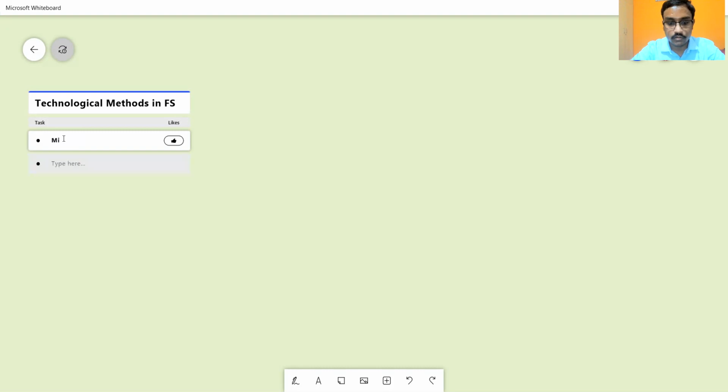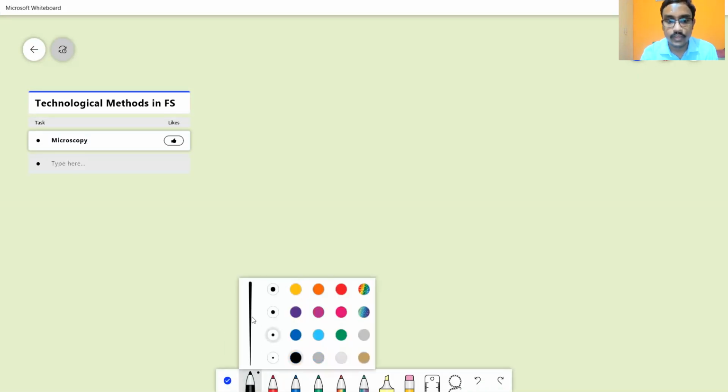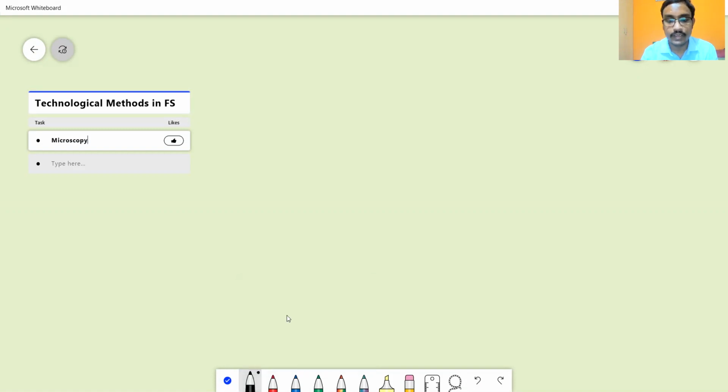The first unit is going to be one easy topic, microscopy. Okay, so we all know microscopes. We've all used microscopes. Most of us would have used microscopes as well. So what are these microscopes doing in our science? Okay, so when I say microscopes, they are optical instruments.